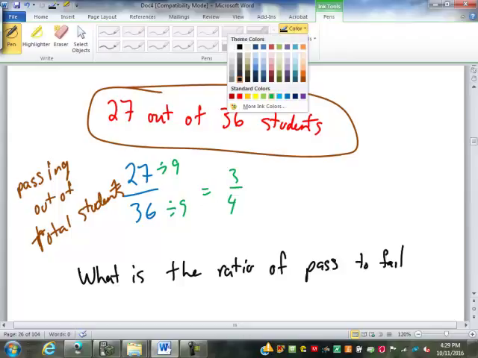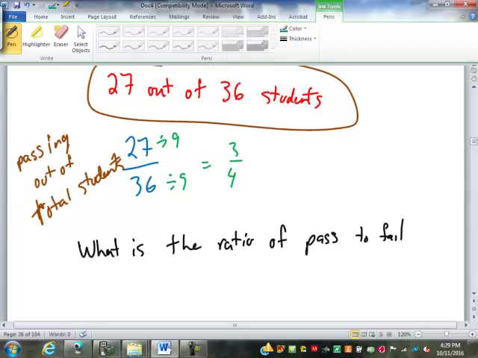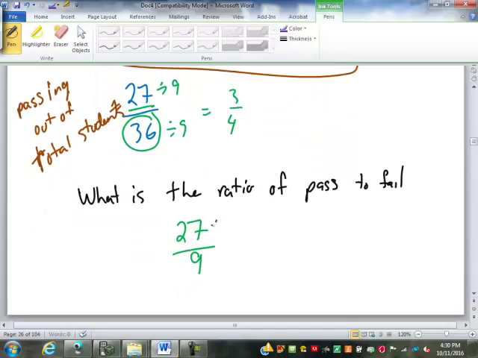Then I have to be able to create that other ratio. Passing is still 27. How many failed? Well, out of 36, if 27 passed, 36 minus 27, or the other 9 had to fail. So 27 out of 9, or I can reduce that to a 3-to-1 ratio.